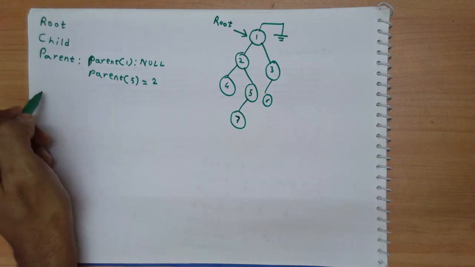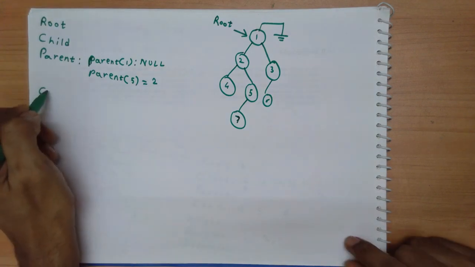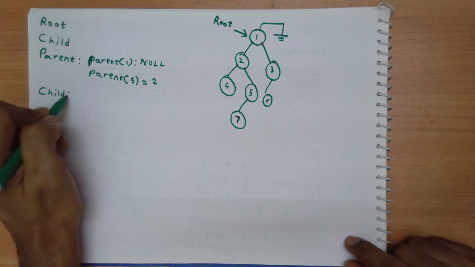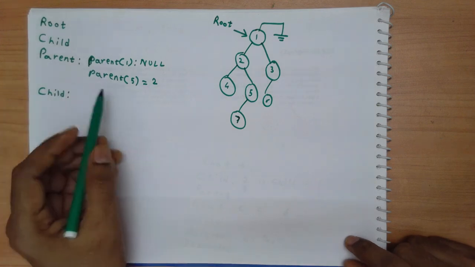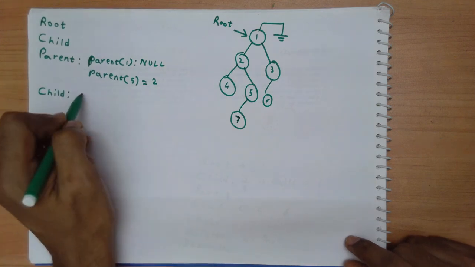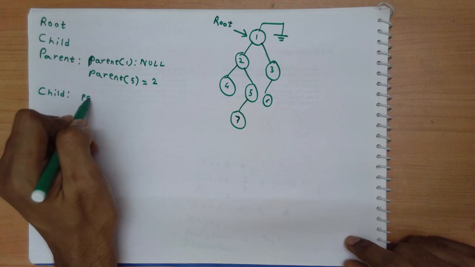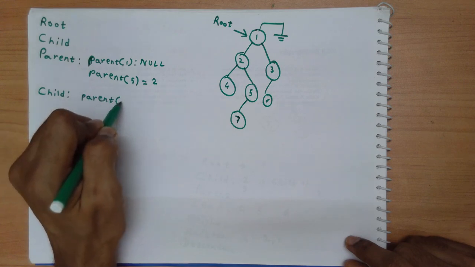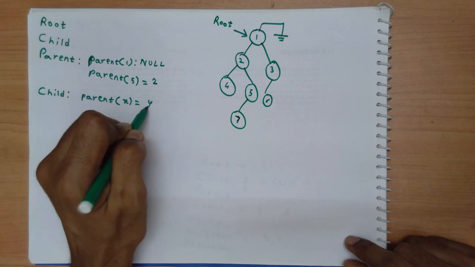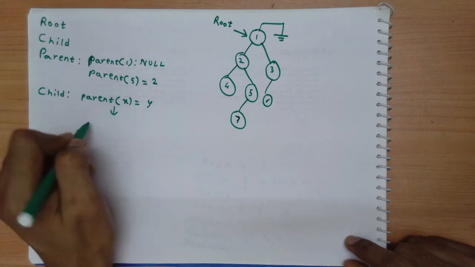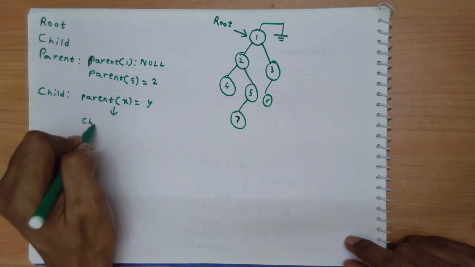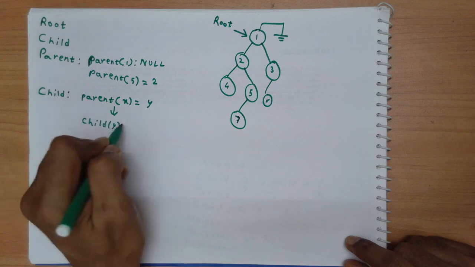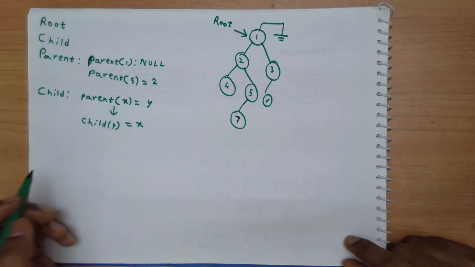And then I will define the child relation and it will be exactly the opposite of the parent. If parent of x is y, then it implies that the child of y is x.